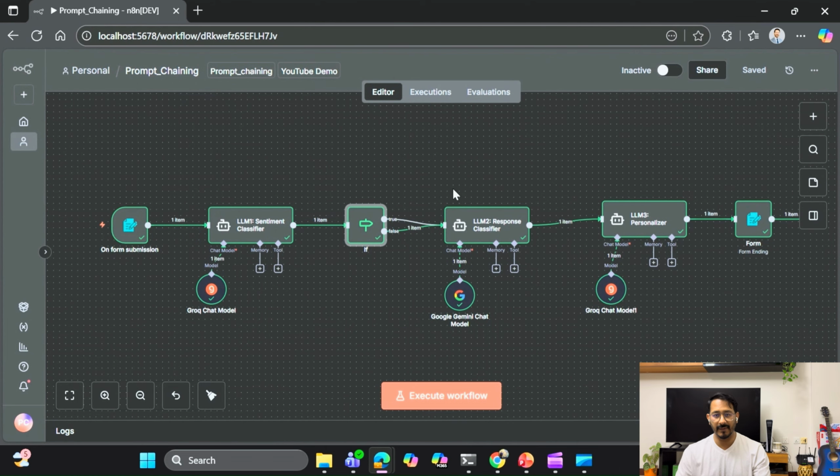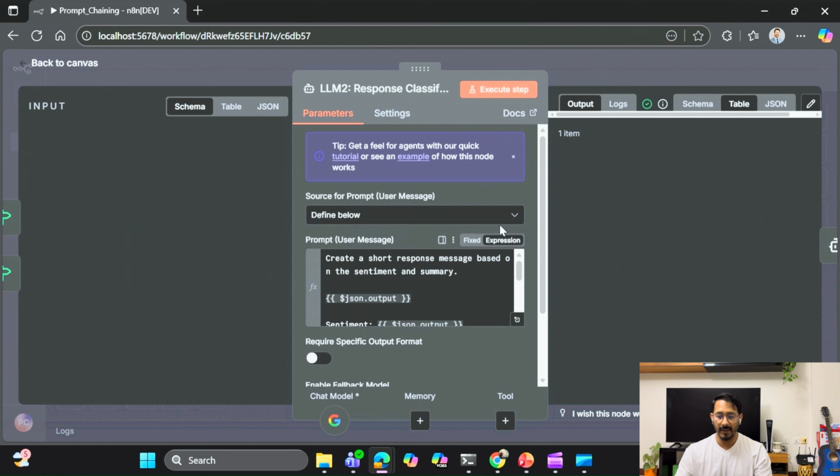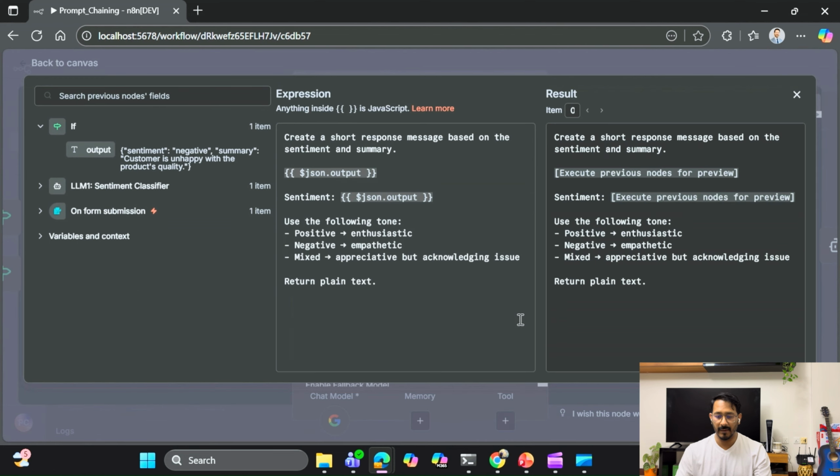Now the response of LLM1, along with the gate, goes as an input for LLM2. And here I am giving another prompt to the LLM, saying create a short summary of the feedback message that you have received. I want you to give a short response with the sentiment and the summary.